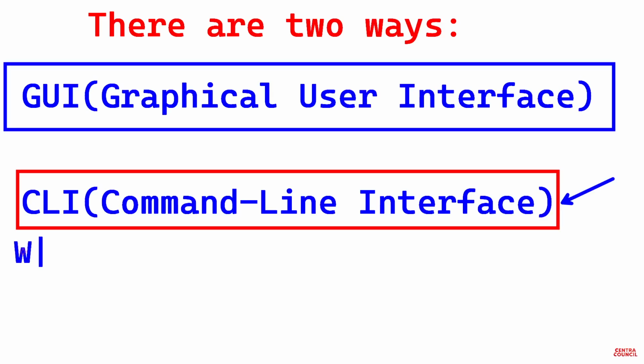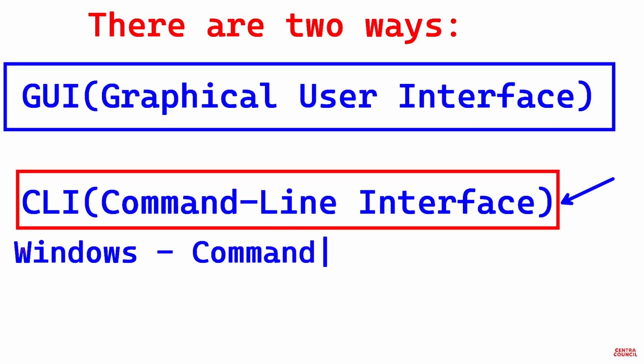So if you're using Windows, if you want to get started using the CLI, you can simply open your command prompt, or in short we call it CMD. All right, so you can just type CMD, you say command prompt. And there's also another way of interacting with your PC, called PowerShell, right?